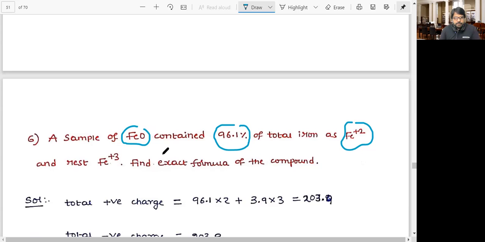Let me explain. See, 96.1% of total iron is Fe2+. Let us assume there are 100 irons. Of that, 96.1 irons are in +2 state and the remaining are in +3 state.